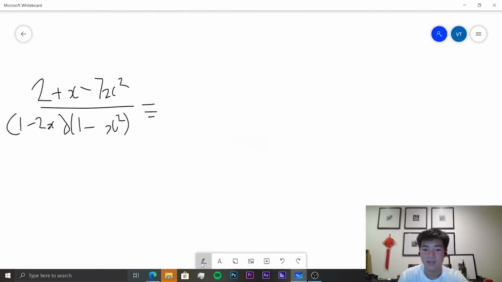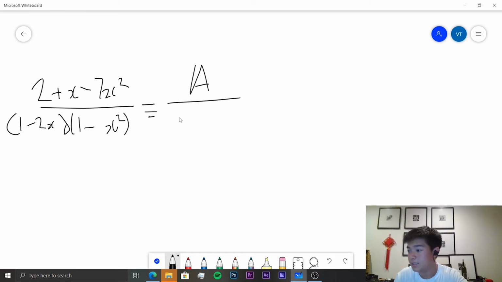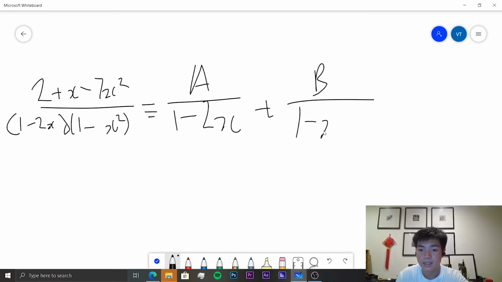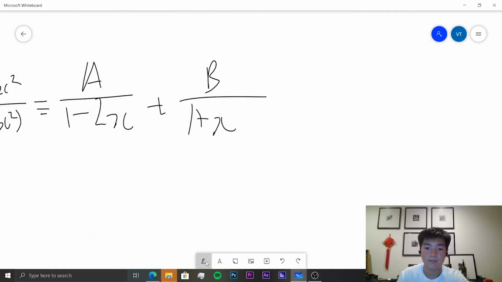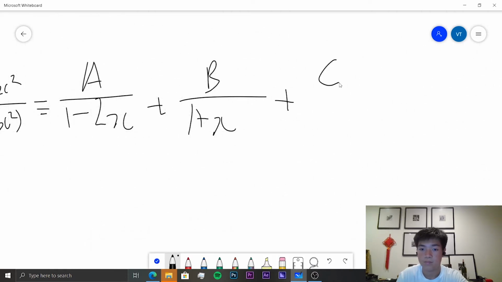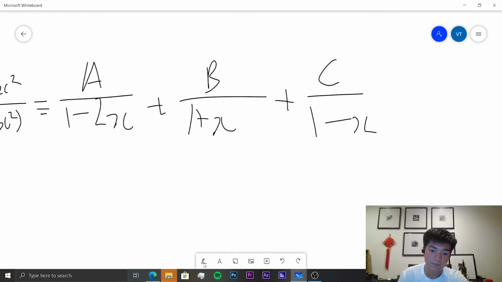We didn't go through any of this, but okay, we'll go through it anyways. It is equal to a over 1 minus 2x plus b over 1 minus x, plus c over 1 minus x. Determine the values of a, b, and c. So that's step 1.